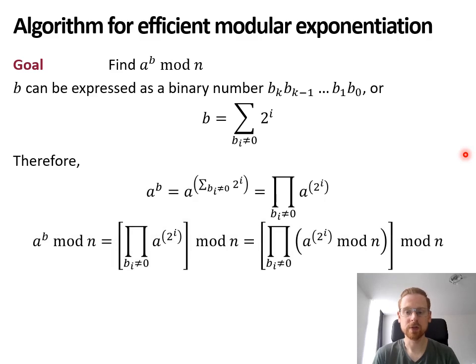Then, given the fact that in modular arithmetic we can take the modulo of intermediary values and end up with the same result, we can take the modulo n of each of these intermediate calculations, each of these powers of a to the power 2 to the i, and end up with a way to calculate a to the power b modulo n, where our intermediate value will never become higher than n.